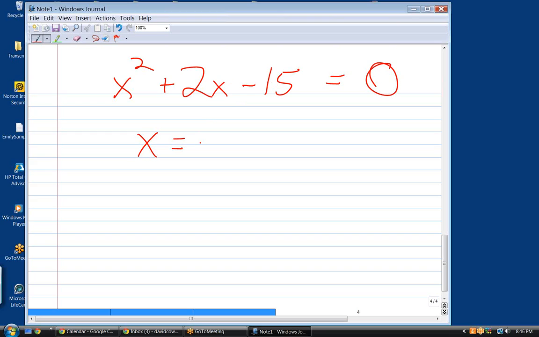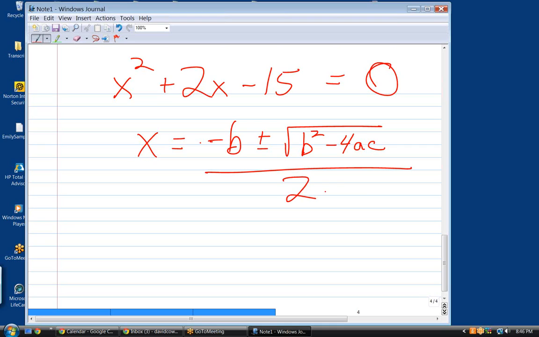Yeah. Which is x equals negative b plus or minus the square root of b squared, I think, minus 4 times a times c, all over 2a.